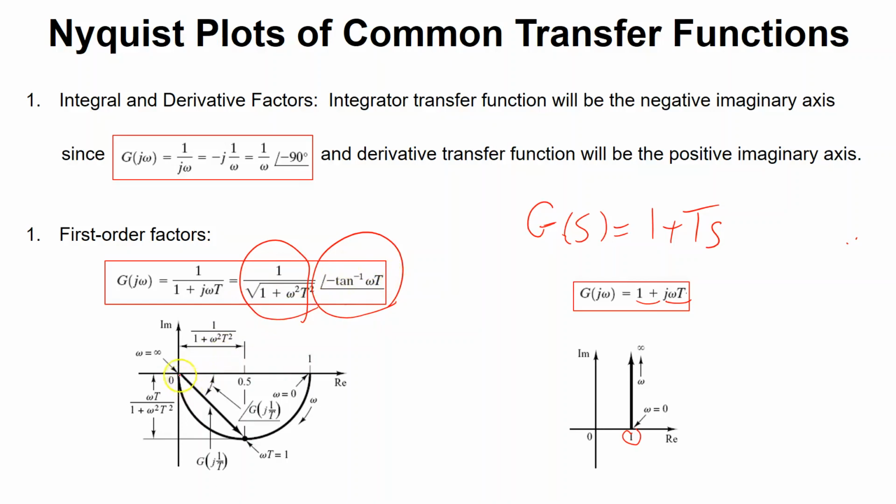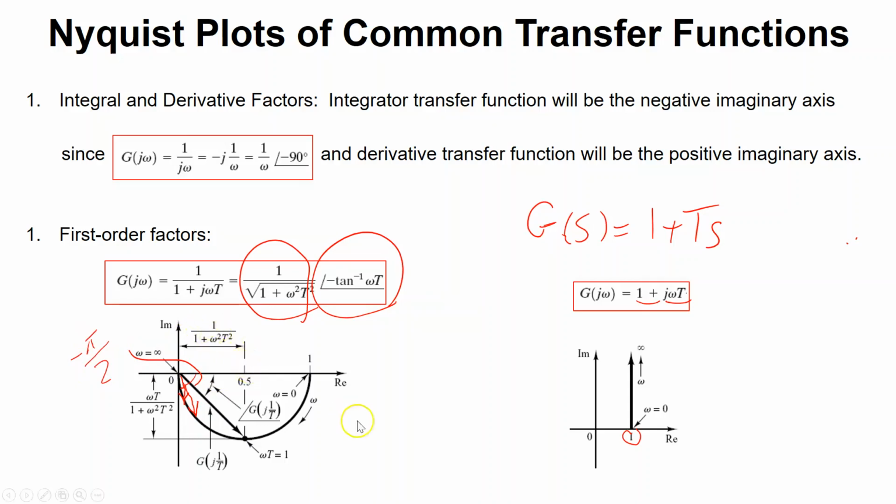And as you see, when omega is getting bigger and bigger, the angle of the vector is getting close to what? Negative pi over 2, because positive is measured counterclockwise. When you go clockwise, it's negative.